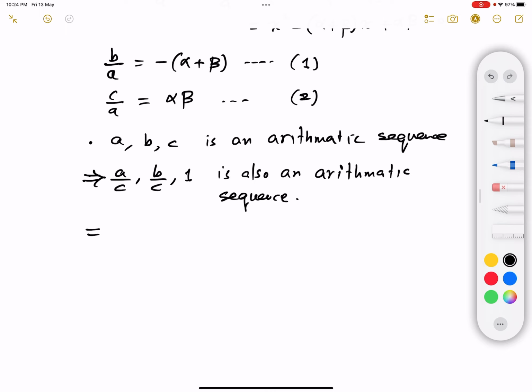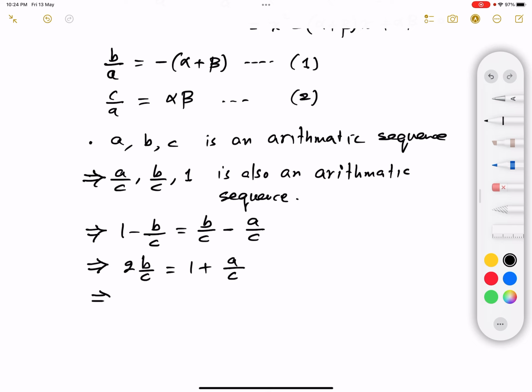So the difference between any two consecutive elements is constant. That implies that 1 minus b over c is equal to b over c minus a over c, which tells us that twice b over c is equal to 1 plus a over c.